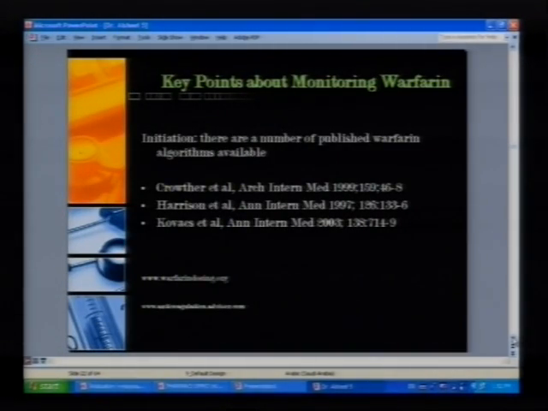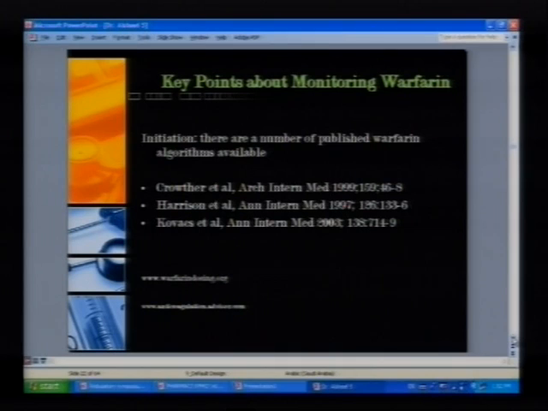And what are the key points about monitoring warfarin? For initiation of warfarin, there are a number of published warfarin algorithms available, and I'm listing some websites. The first one is warfarindosing.org.